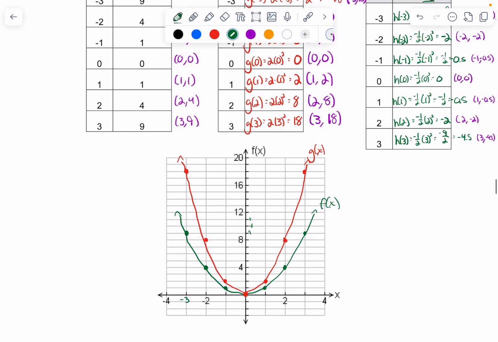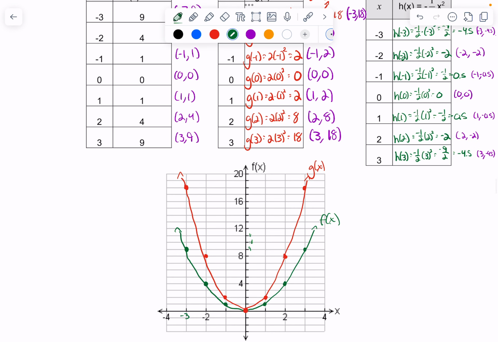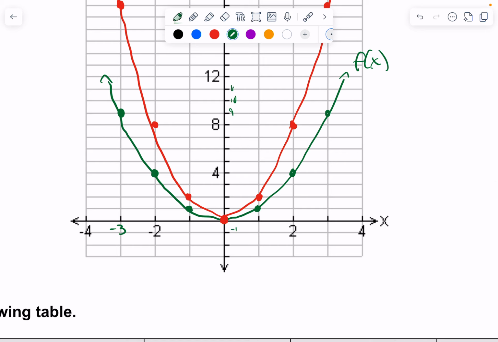Okay, so let's plot those points in green. Sorry, I'm zooming out here. We are going to have the first point at minus 3 and negative 4.5. So let's put these on the chart here. Negative 1, negative 2, negative 3. Let's call this line right here minus 4, just the end of it.